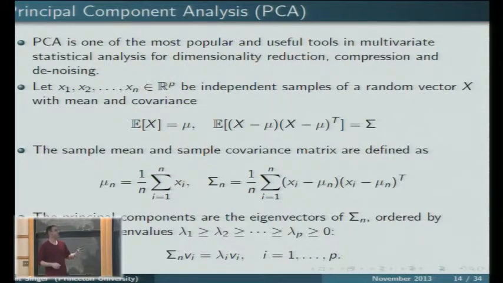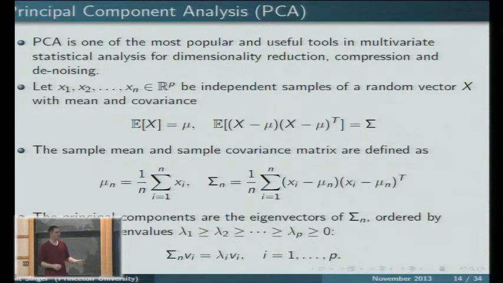And the usual setup is that you have n data points, say in a p-dimensional Euclidean space, and you assume that they are independent samples of some random vector x, so IID samples, with some mean mu and covariance sigma. And what you do is you have a sample analog for the mean and for the covariance.